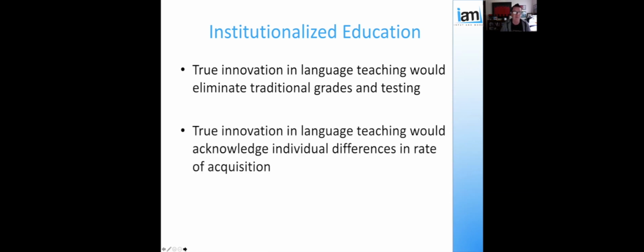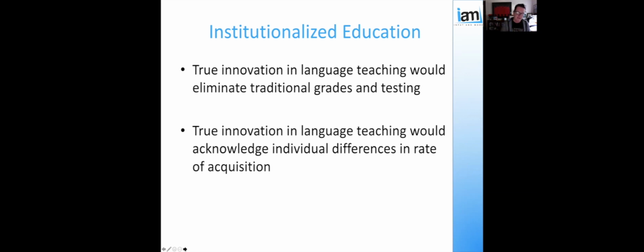Now, what is more, true innovation in language teaching would acknowledge individual differences in rate of acquisition. This is a fact of life in general, but let's look at language in particular. I have 100 students across 4 classes or 3 classes, right? And of those 100 students, there's going to be so much individual variation in where they are in terms of how communication is developing and how language in the brain or the mind is unfolding. And yet I'm going to give them tests that don't acknowledge those differences.